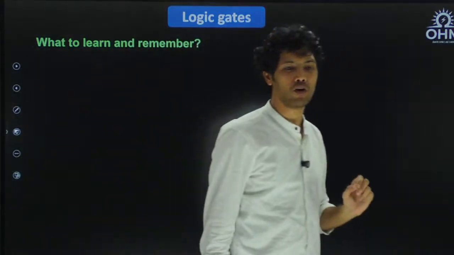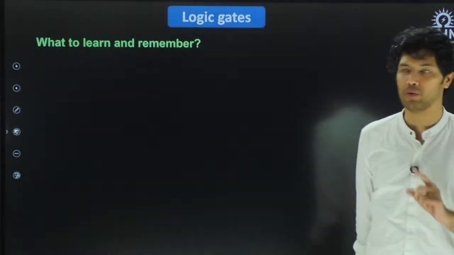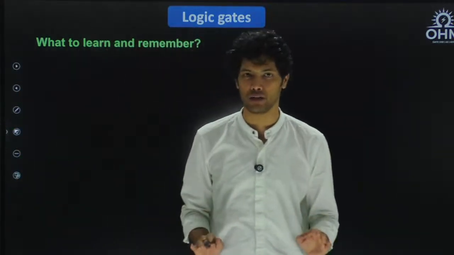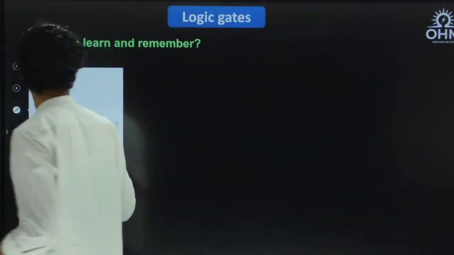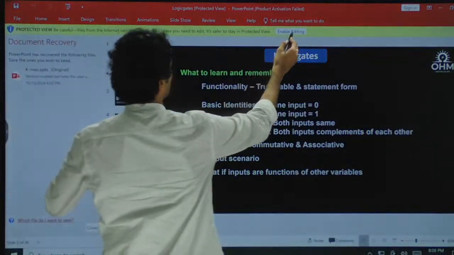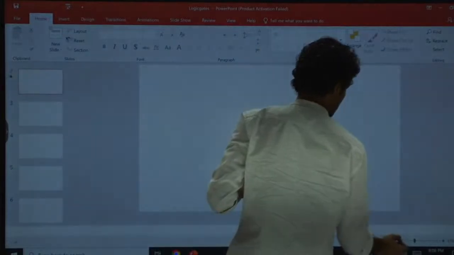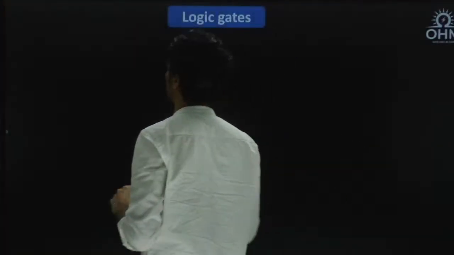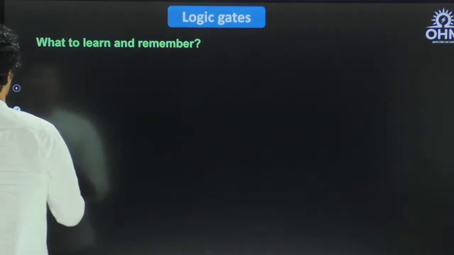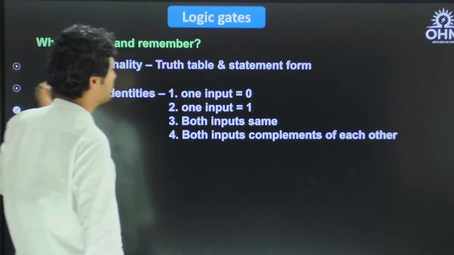In this topic of logic gates, what to learn as well as what to remember? There are a few topics that you have to remember for all logic gates. That is mandatory. You can't escape from that. The first is functionality.